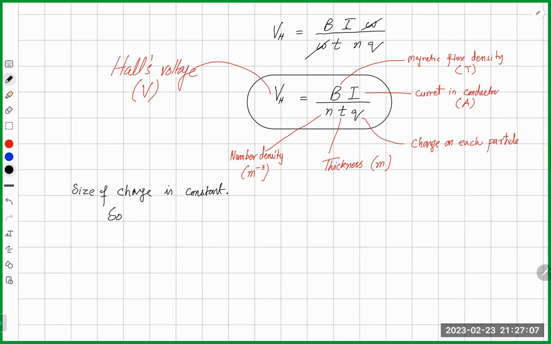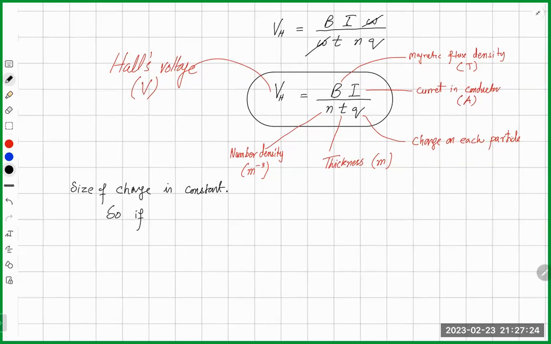So this Hall voltage is not in volts, it is not a very large voltage. It is a very minute voltage, sometimes in millivolts, sometimes smaller than that.